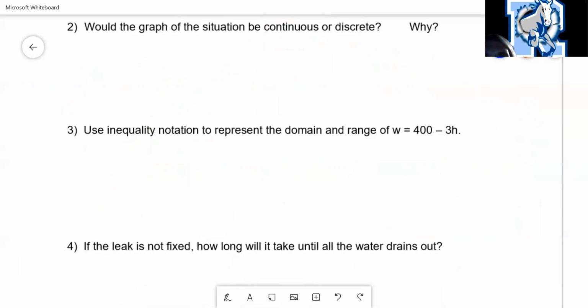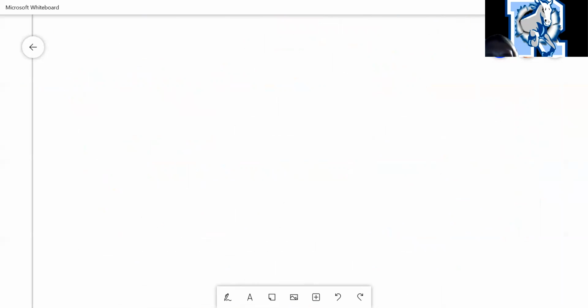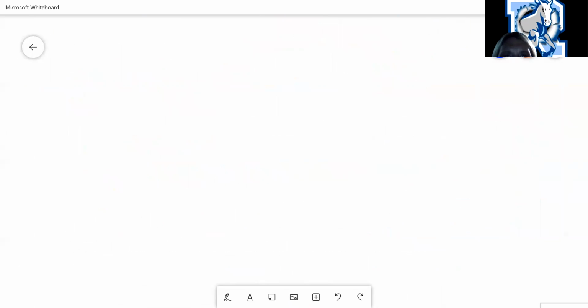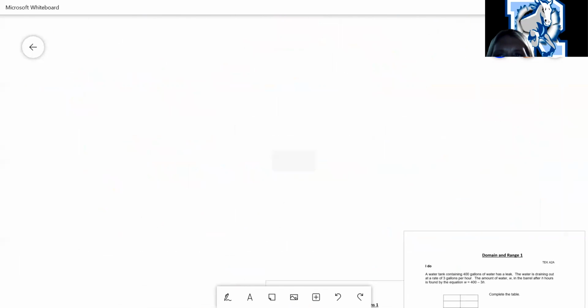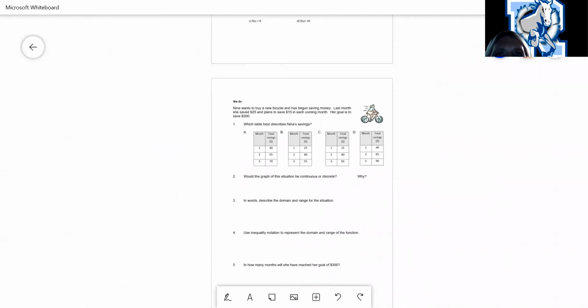Let me see if I can get this thing to work here. It only helps if I can get the problems to come up. There we go. Finding it eventually. Here we go.